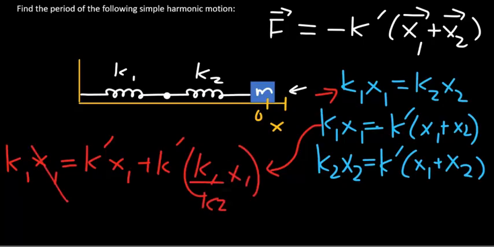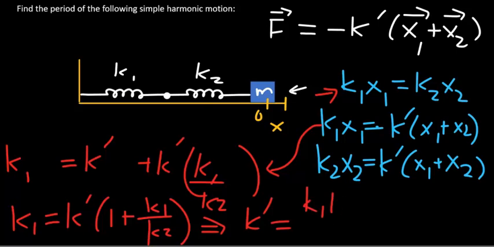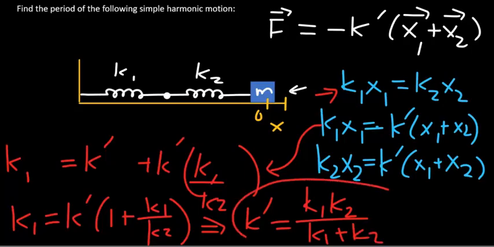So you see x1 goes away like that. K1 equals K prime times (1 plus K1 over K2). And solving for K prime, we get K prime to be K1 times K2 over K1 plus K2. So that is the effective spring constant for this system.